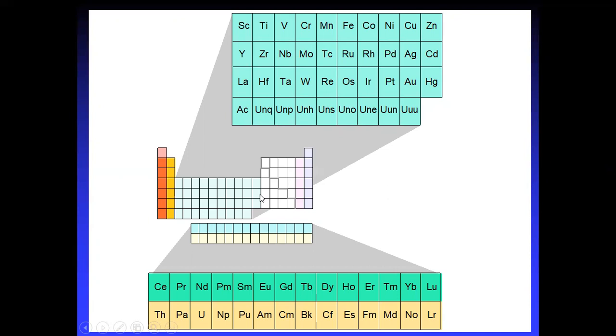Now coming to the third transition series, that is the 5d series. Lanthanum, hafnium, tantalum, tungsten, rhenium, osmium, iridium, platinum, gold, mercury.